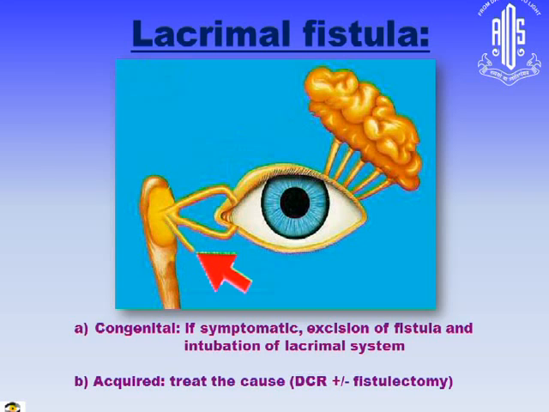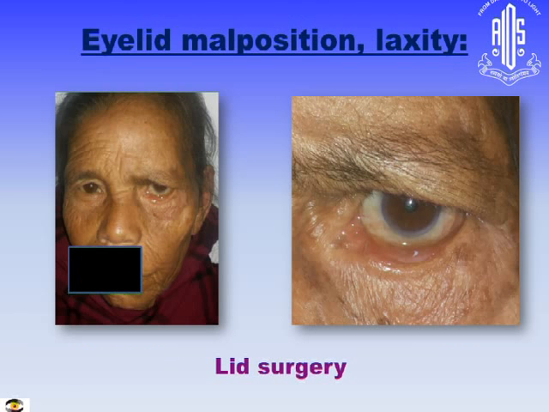We can go for DCR plus or minus fistulectomy. If it is very long standing, obviously we will have to go for fistulectomy only. Eyelid malposition because of laxity or something else, in this condition you can say ectropion, if it ends up in watering and disturbance in the drainage system, we will have to treat that cause.